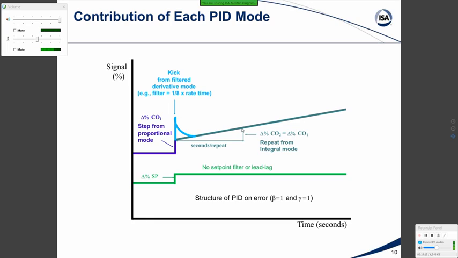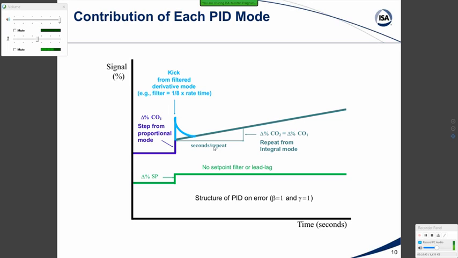Now we have the integrating action that's going on, and here after the seconds, that is the reset time, we have repeated the contribution from the proportional mode. So it's really seconds per repeat whenever they say seconds. It used to be, in some DCS systems or analog control systems, they would say repeats per second or repeats per minute.